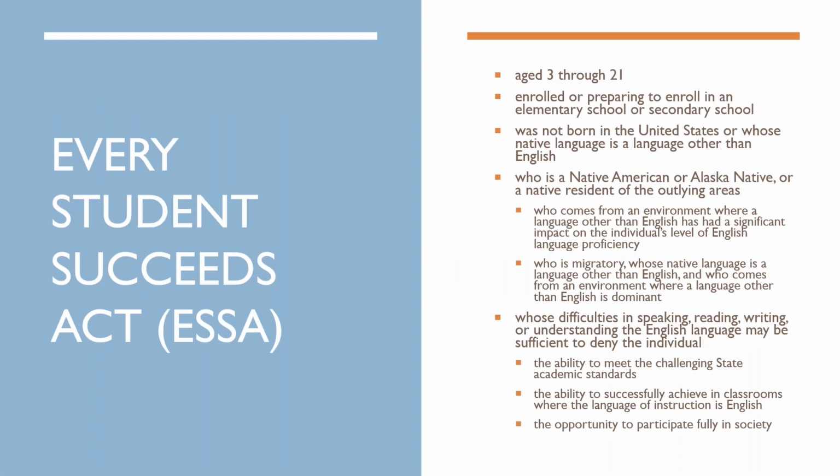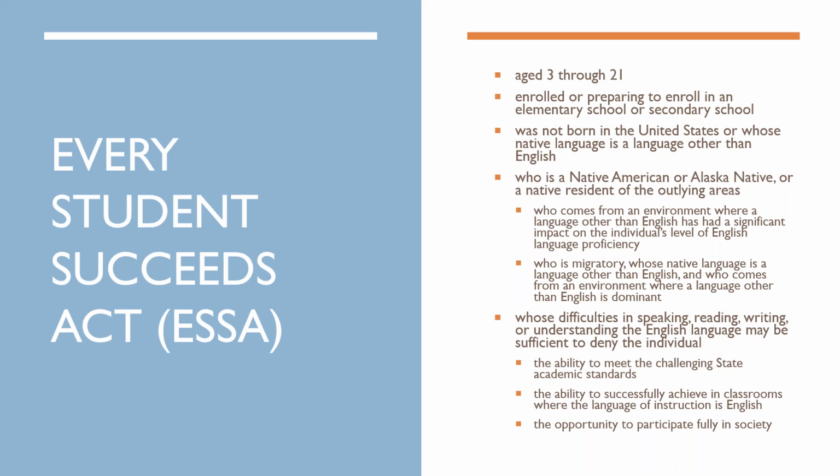ESSA goes into a bit more specifics when defining what an English learner student means. Age 3 through 21, and they are enrolled or preparing to enroll in elementary or secondary school. They were not born in the United States, or their native language is a language other than English. And then you can see it lists more there.